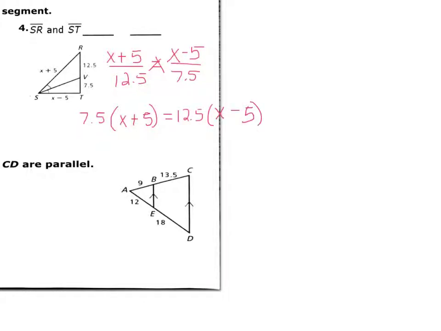And then you have to distribute. So my answer should be 7.5x when you distribute, and then 7.5 times 5, I believe that's 37.5, right? Plus 37.5 equals, and then I distribute, so it's 12.5.